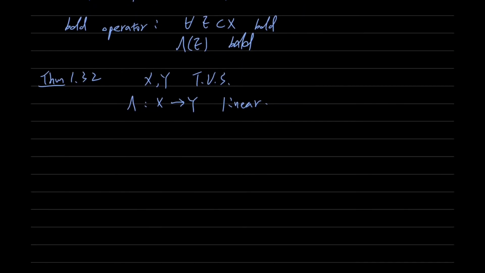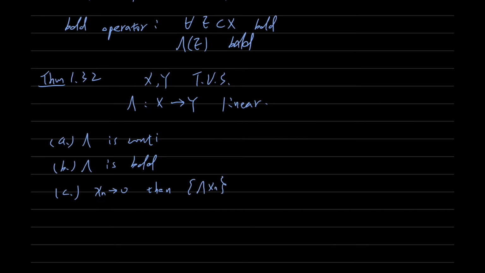And now we have four properties. A says that lambda is continuous. B says that lambda is bounded. C says that if we have a sequence converging to 0, then the image of the sequence, lambda xn, is bounded. D says, again, if a sequence converges to 0, that implies the image of the sequence also converges to 0.